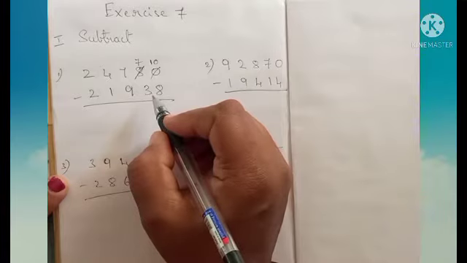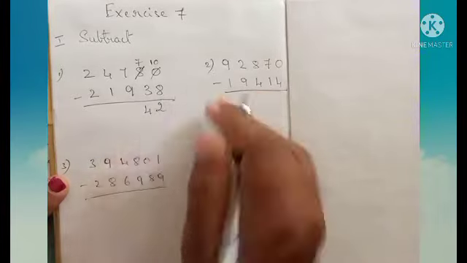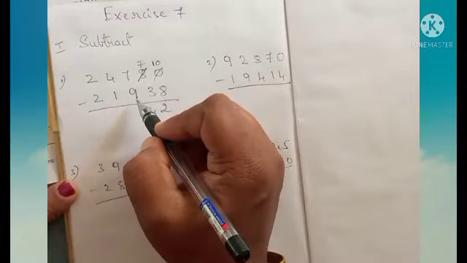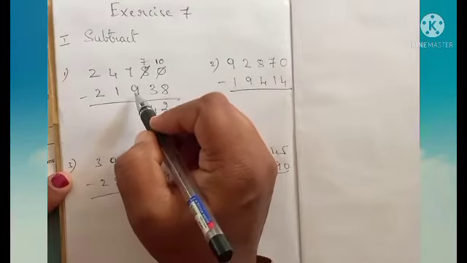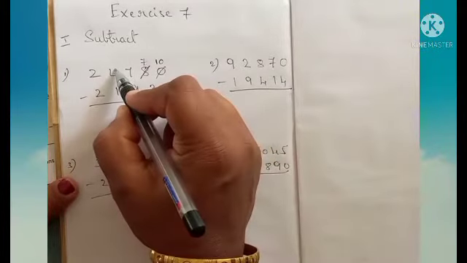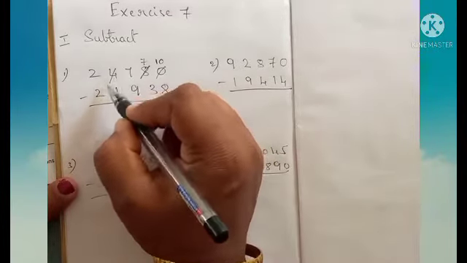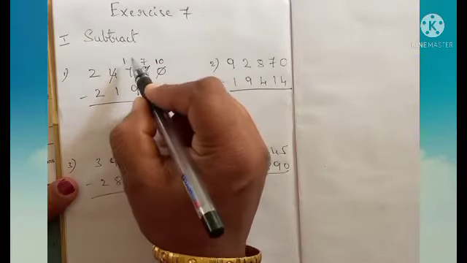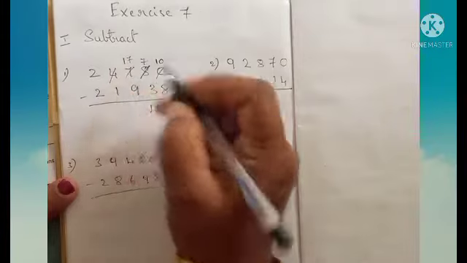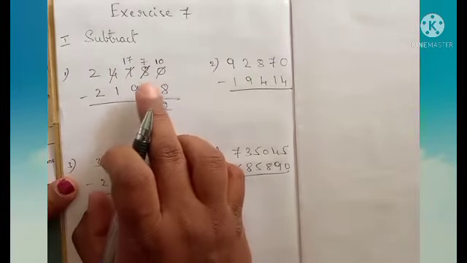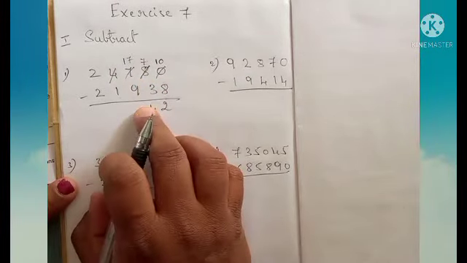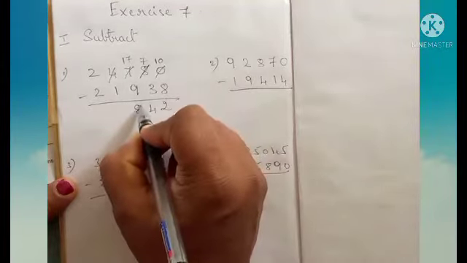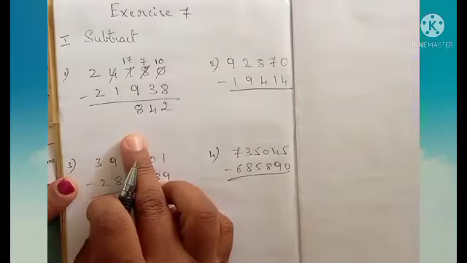In 7, if you subtract 3, how much is remaining there? Yes, 4. Now, in 7, can you minus 9, dear children? No. So what should you do? Borrow 1 from the left hand side. So 1 we will borrow here. This will become 17. In 17, if you subtract 9, how much is remaining? 8 is remaining.